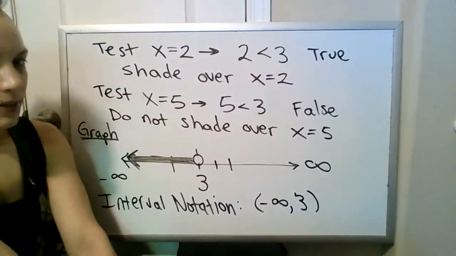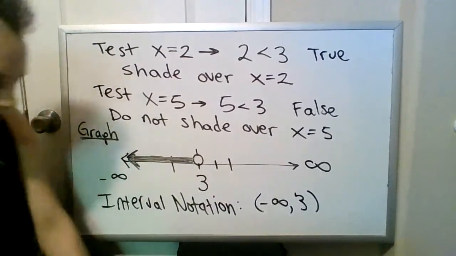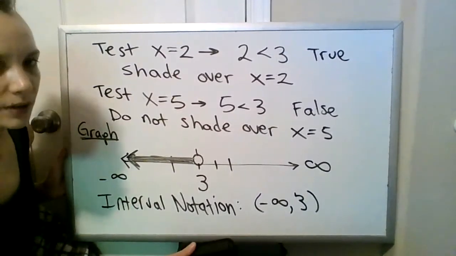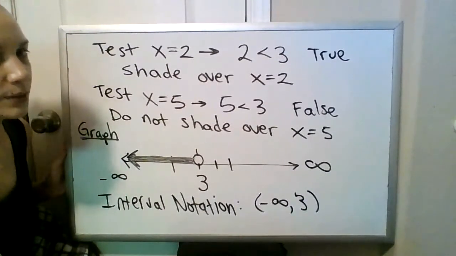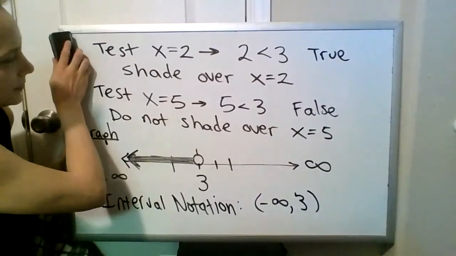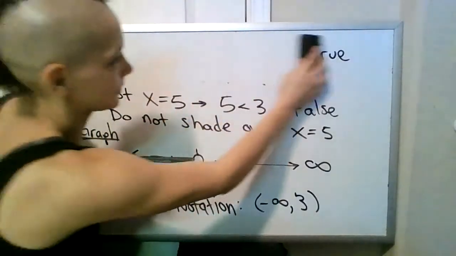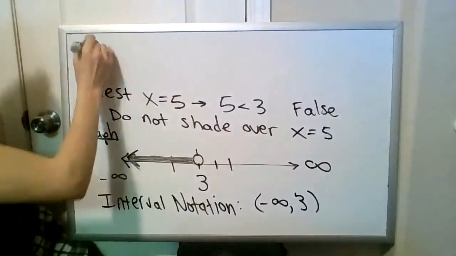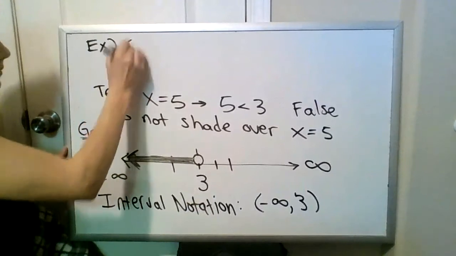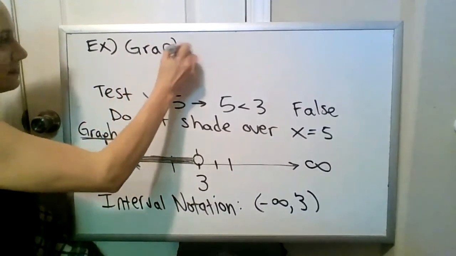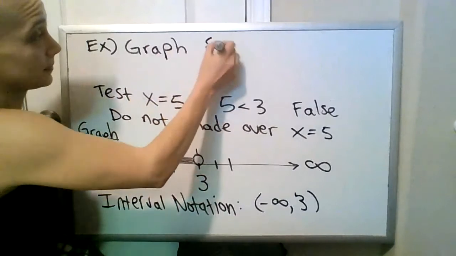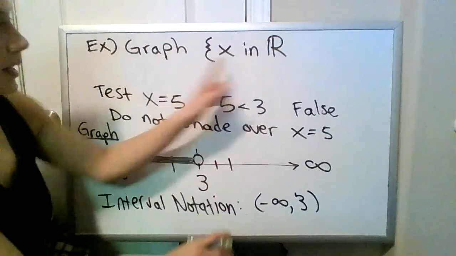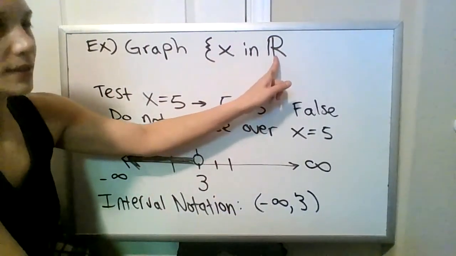All right, we just keep on doing examples kind of like this. Next one is going to be the set of all x in R that are less than or equal to 7. X in the real numbers such that x is less than or equal to 7.